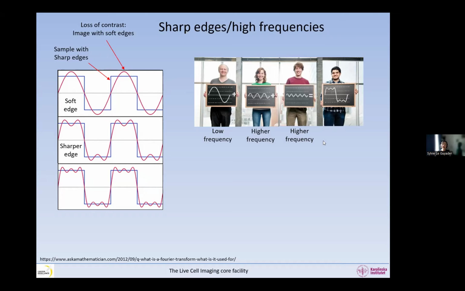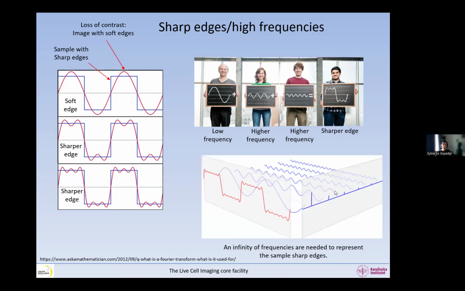The higher the frequencies that we get, the sharper the edges. And when we image samples and we want to image dots and edges, we really want to have high frequencies in the image, so we get super sharp edges, and it's easier to segment our data.